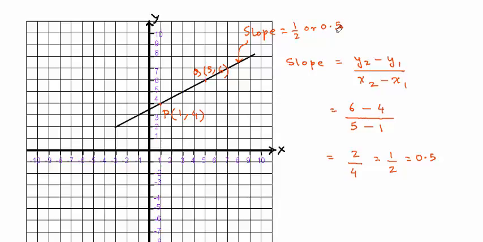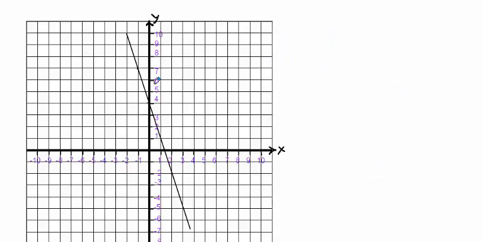Let's try another one. Let's try and find out the slope of this straight line. Once again, I'm going to choose 2 points, and my 2 points in this case are going to be this point out here that seems to have pretty good coordinates. Good in the sense integer coordinates, not fractional like this one. It's hard to find out the coordinate of this particular point.